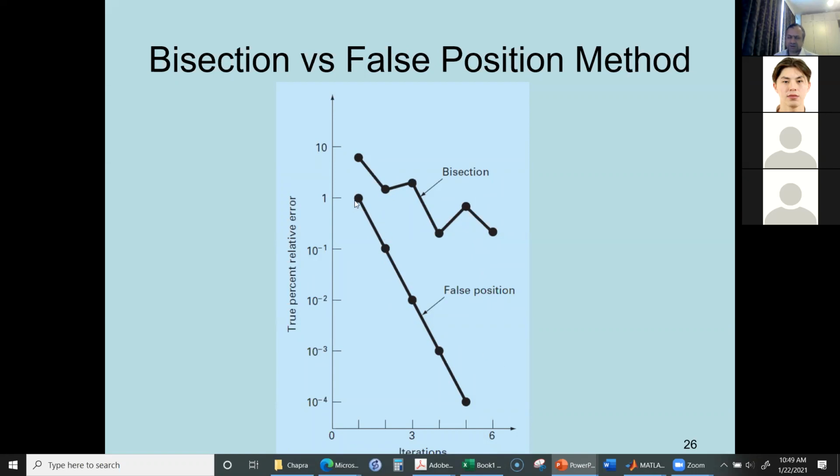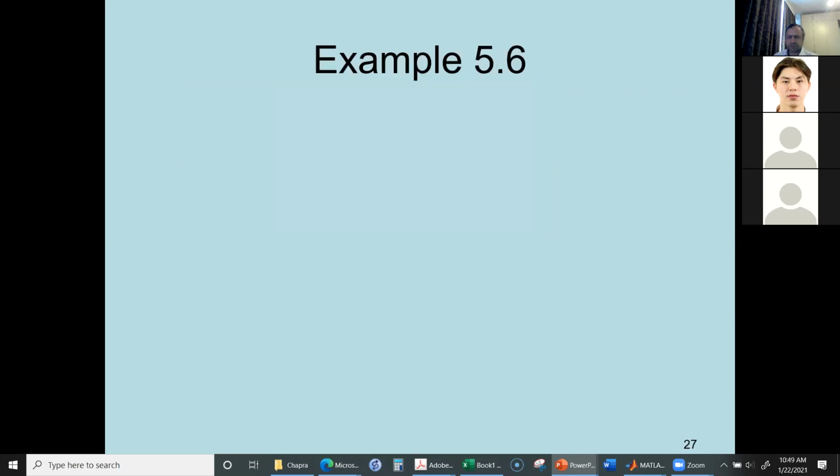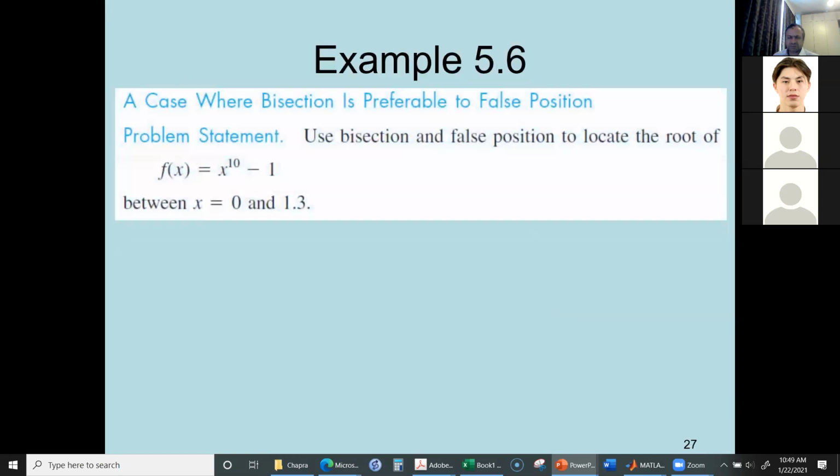And you can also see that the true percentage error decreases relatively quite faster for most of these situations. Okay, however, you cannot generalize it for every function. So this we can see in this example.